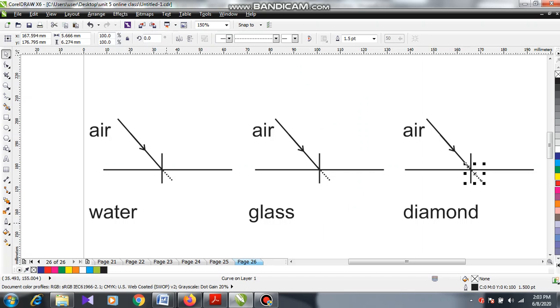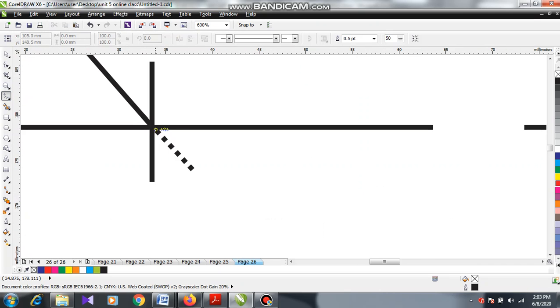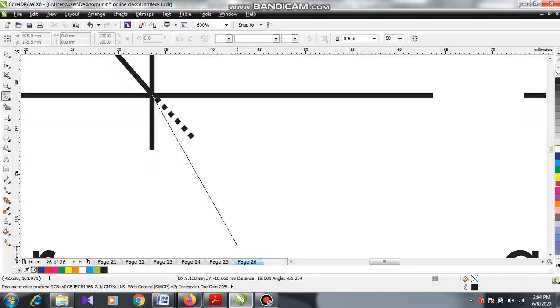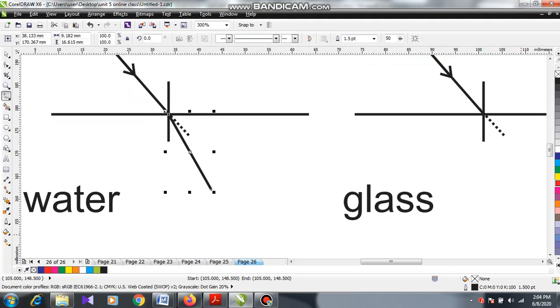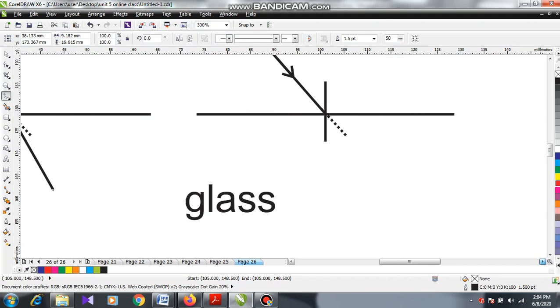Now all three light rays are going to bend. Water's one is bending this way. Glass is more in refractive index, so glass will bend more.